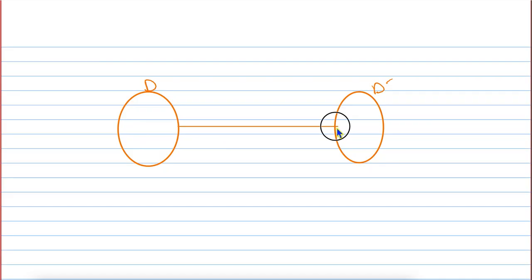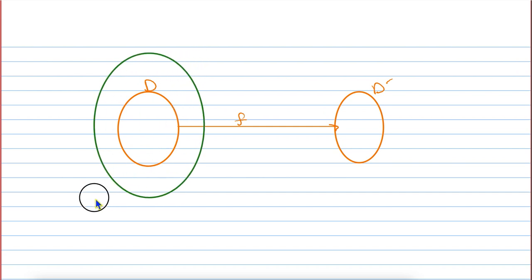So we have some integral domain D and another integral domain D prime. So this is D and this is D prime, and D is isomorphic to D prime. So we have some isomorphism, let's say F. Now D has a quotient field which we will call F sub D.